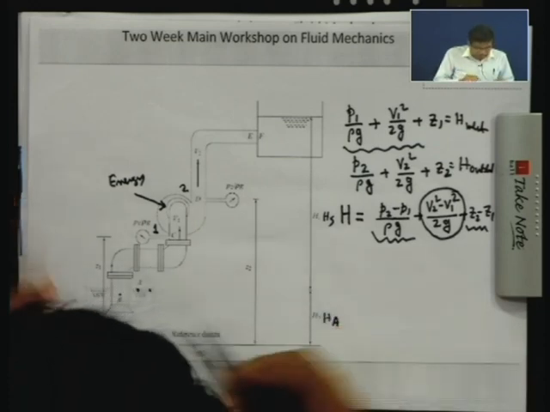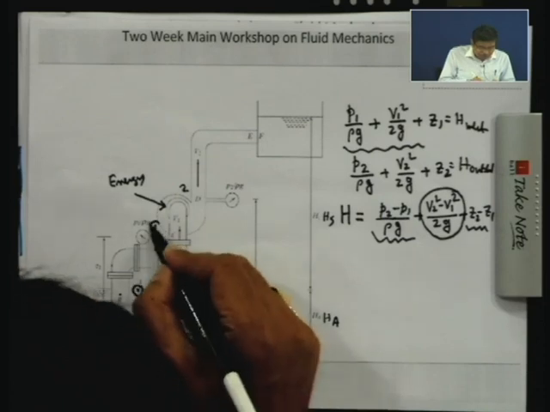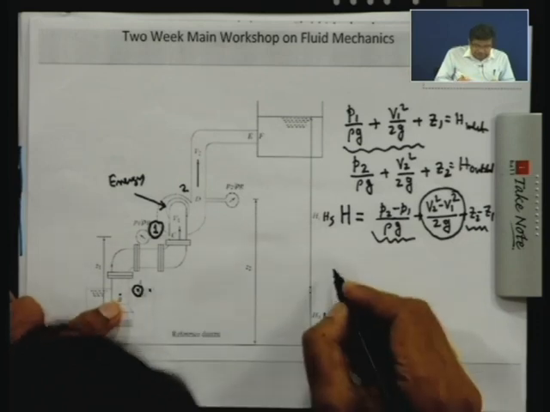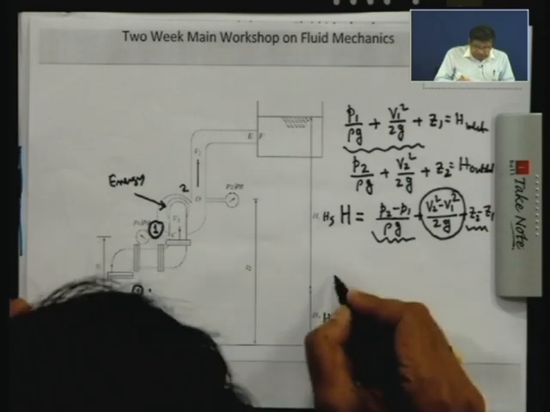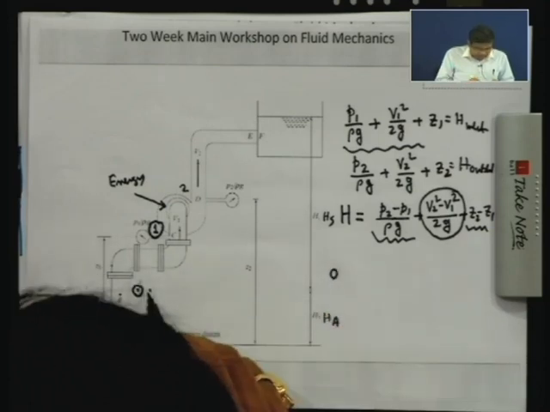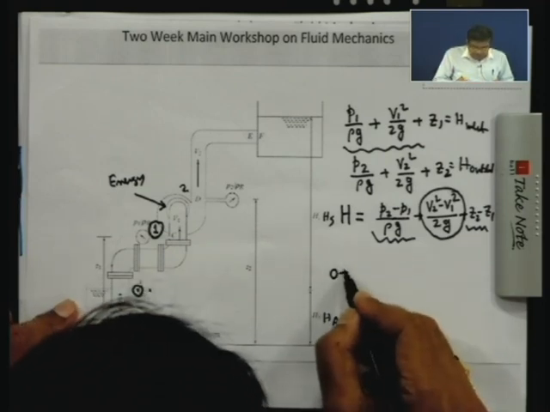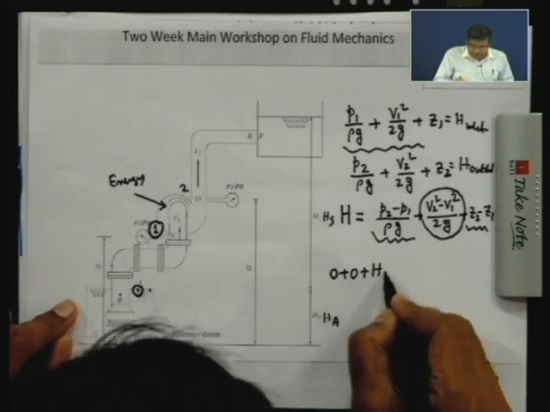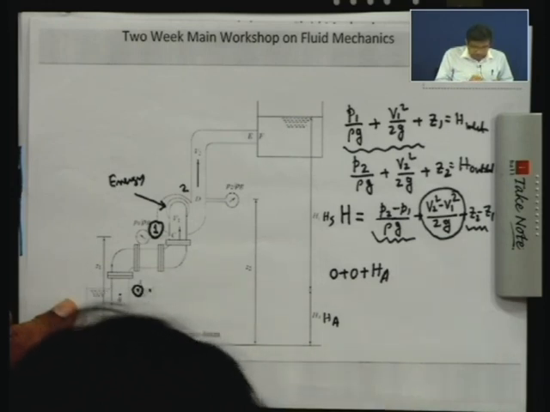If I write Bernoulli's equation between point A and a point at the inlet to the pump, then at point A the pressure, if we consider it as 0 above atmosphere, is 0. Also at A the velocity is 0. So only the height HA remains, HA being the height from the reference datum to this level.